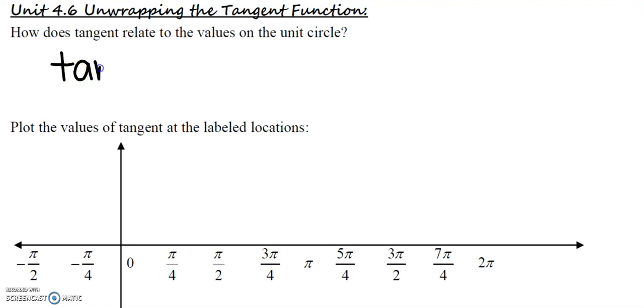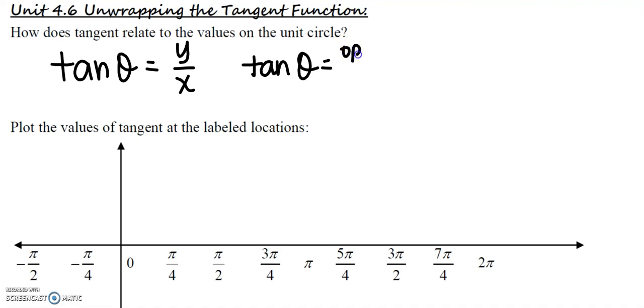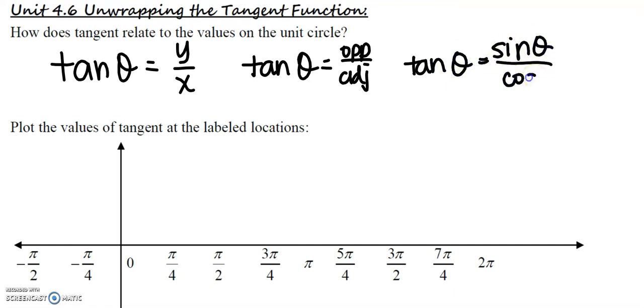Well, we know that the tangent of theta is equal to the y value divided by the x value. We also could say that the tangent of theta is equal to the opposite over the adjacent. We also then could say that the tangent of theta is equal to the sine of theta divided by the cosine of theta.